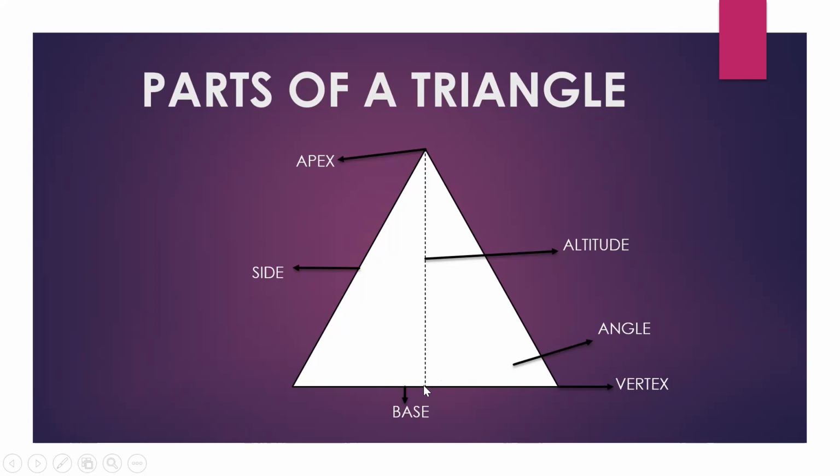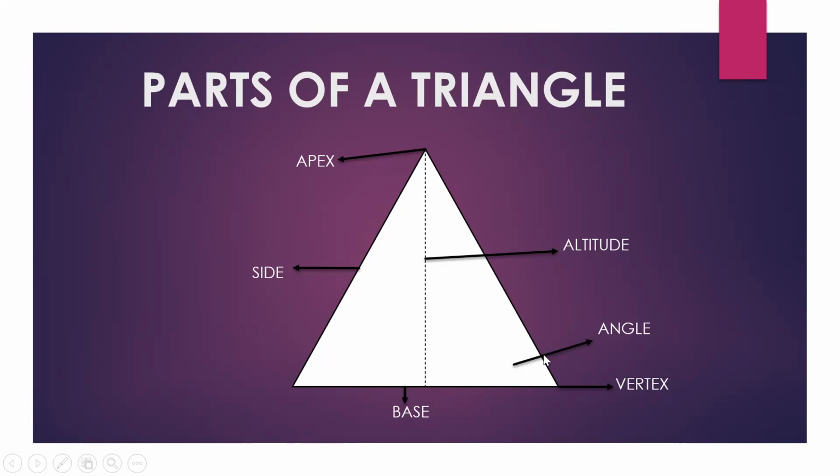Take, for example, a right angle triangle. The altitude there would be the vertical line or the vertical side, and that was not drawn from the center of the base. So the altitude, just remember, it is always perpendicular or 90 degrees to the base, as you can see, the base being labeled here.